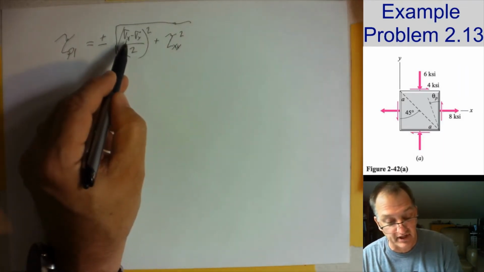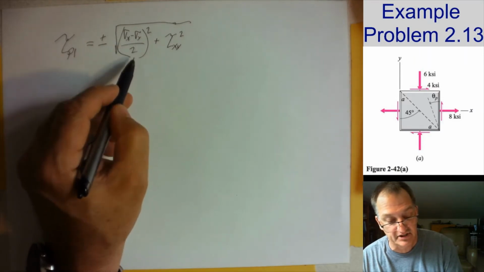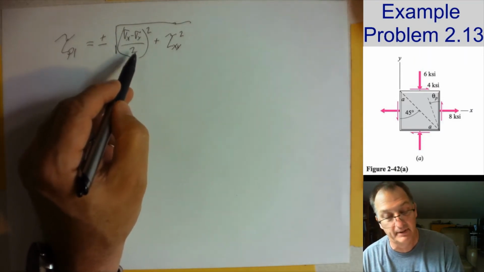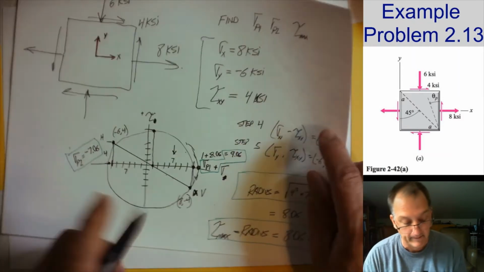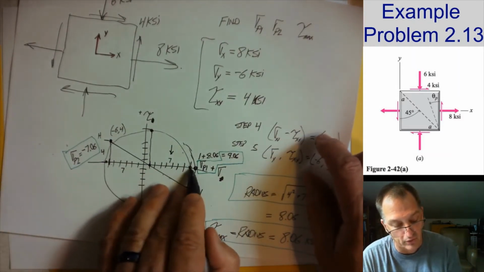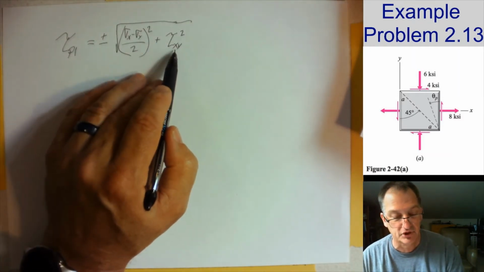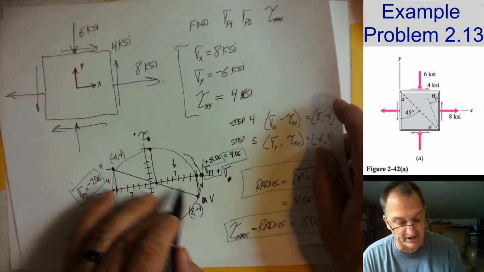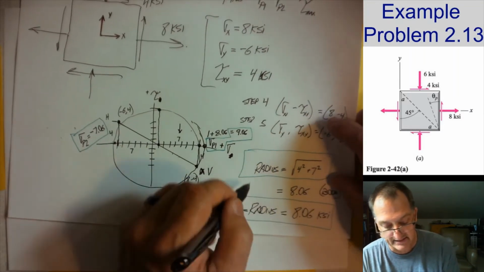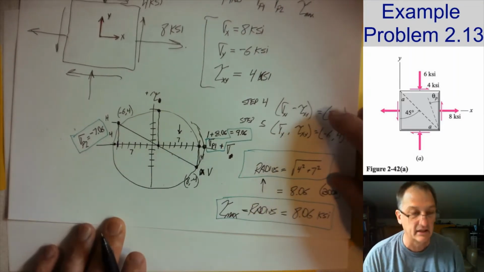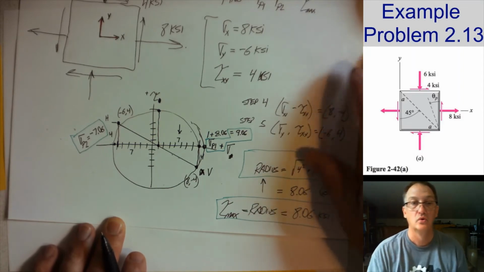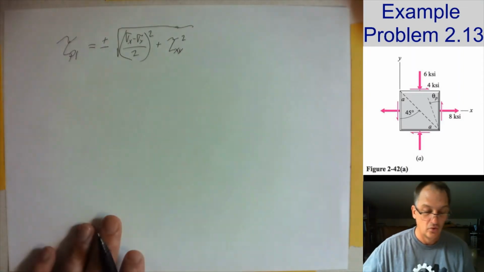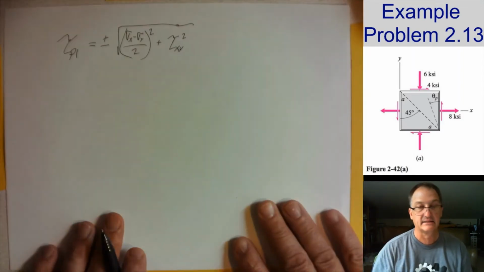So 8 minus the negative 6 is 14, divided by 2 is 7. So that gave me my horizontal run, and then my rise was just my shear, and the sign doesn't matter because I square both of those things, and that's how I got my radius. That makes sense to me.